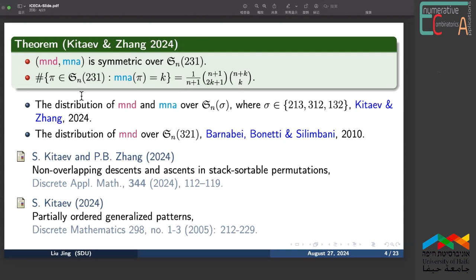Then they also proved the distribution of MND and MNA over each of these three restricted permutations are the same as 231-avoiding permutations. By taking the complement and inverse of permutations, in 2010, Bernardi and his co-authors derived the distribution of descents over 3-1-2 avoiding permutations, which is equivalent to the distribution of MND, since all descents are non-overlapping.